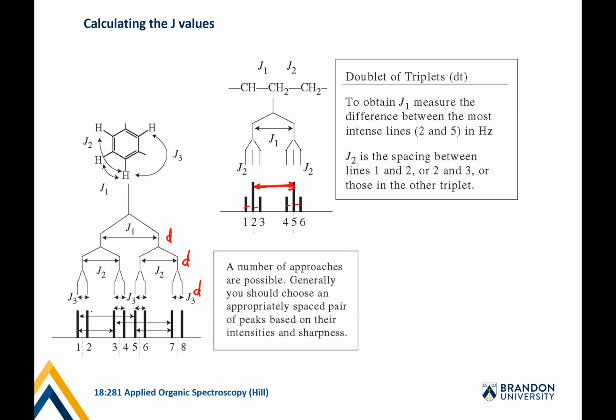And the large coupling would be between there and there, or between there and there, or between there and there. So there's lots of places where you can actually calculate the various, let me erase that, coupling constants from.